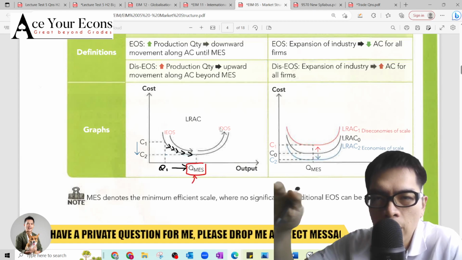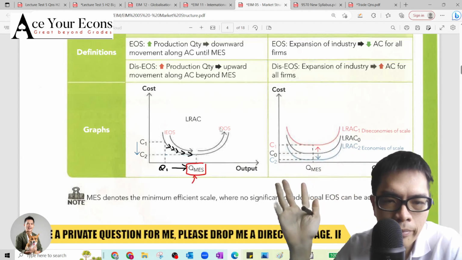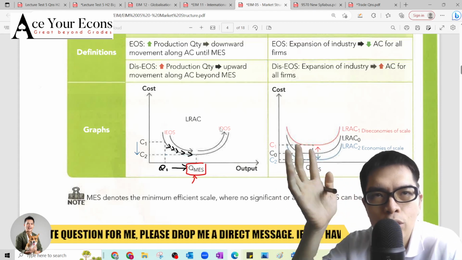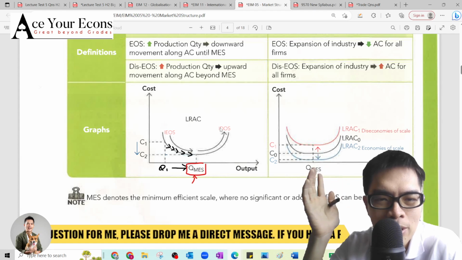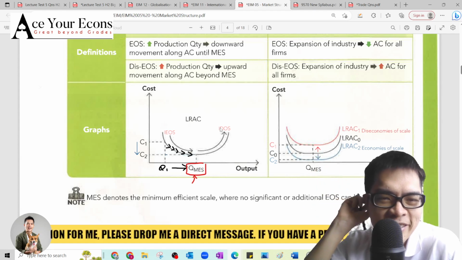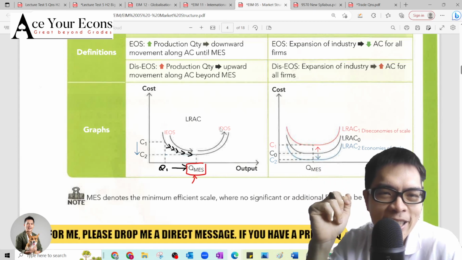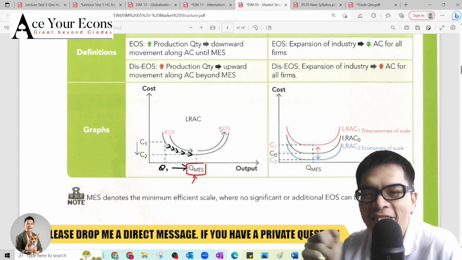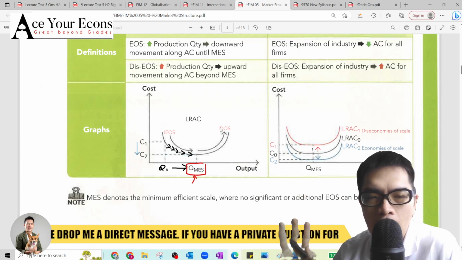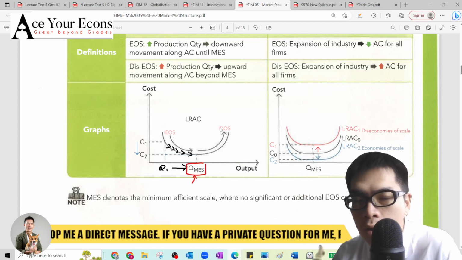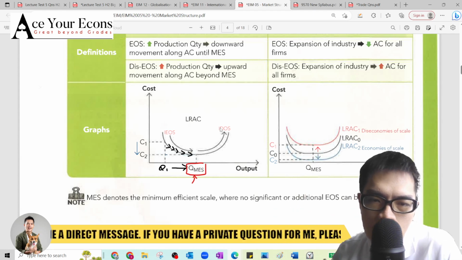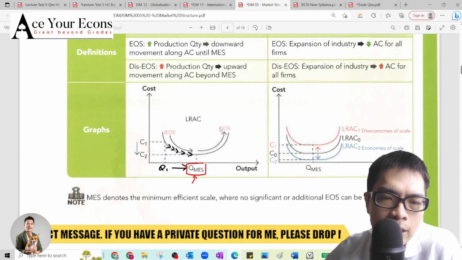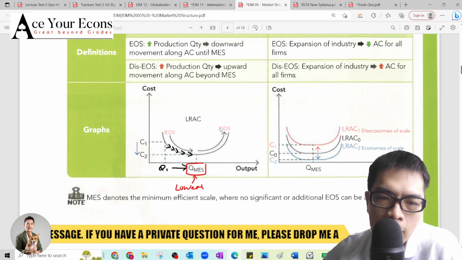I'm assuming that most of you here have some minimal firms and decision knowledge, but assumption is a very bad starting point. I'm just assuming because I don't have bandwidth to go into micro today. So I just want to emphasize what is MES. MES simply tells us that this is the lowest attainable cost.